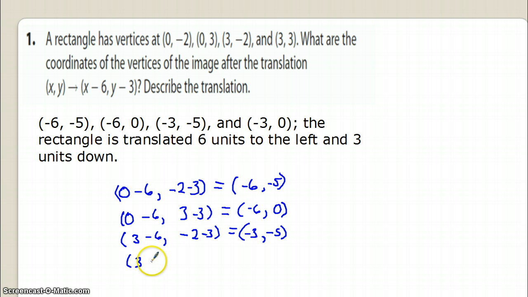Again, it says subtract 6, so 3 minus 6, comma, and y is 3, subtract 3, and we get -3 and 0. So now the only thing we need to do is take those original points and graph those, and then come back with these image points and graph those.